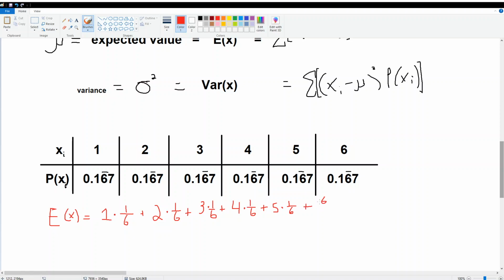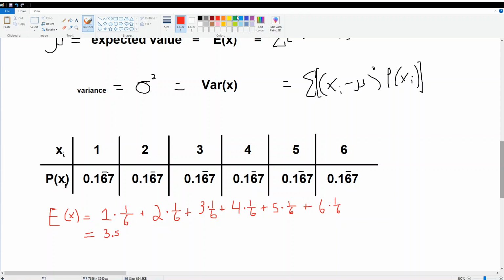And then 6 times 1/6. If you want to put it in tabular form, you can do this. And then plus, so on and so forth. That's every bit as accurate because of PEMDAS. So, you put that into a calculator, you simplify it, the expected value comes out to be 3.5.